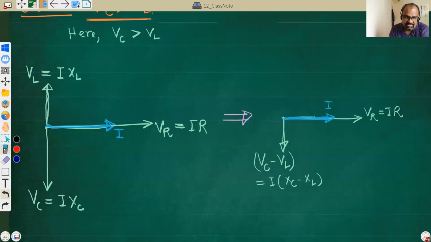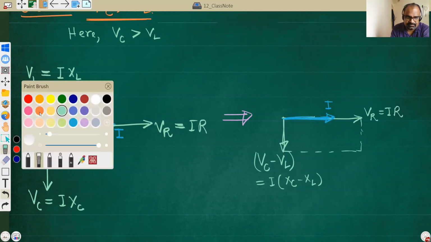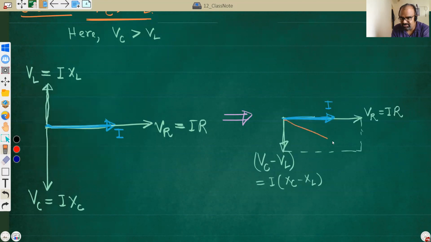Now we have to add these two, and you will get the source voltage. So this will be the source voltage, and this will be the angle phi.